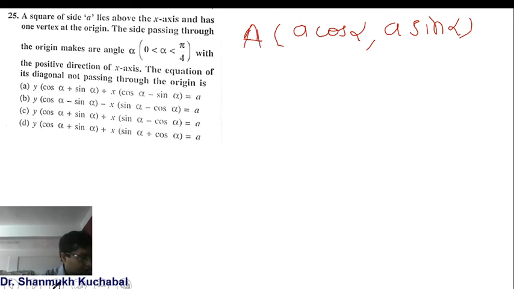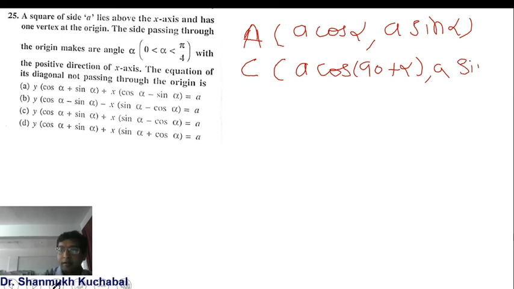So here the point A will be given as A cos alpha, A sin alpha. This is point A. Then point C, we have to take A in the next quadrant, so it will be A cos 90 plus alpha, and one more is A sin 90 plus alpha.